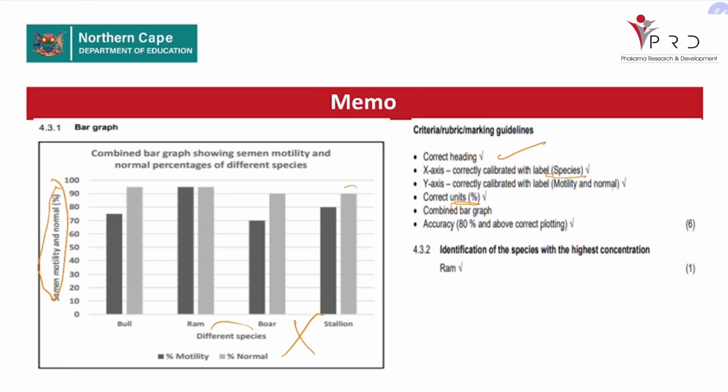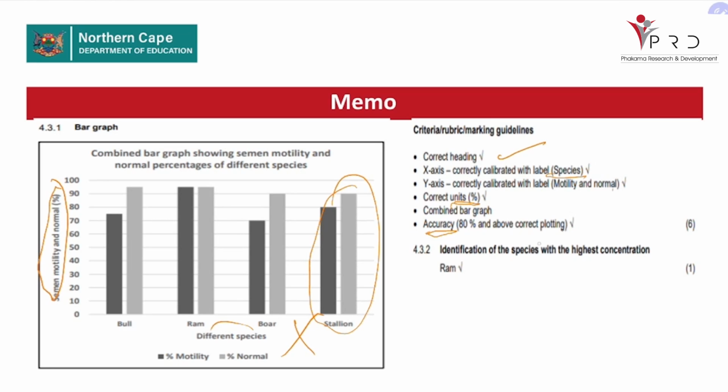It is a combined bar graph, for the stallion and the others, looking at motility and normal percentage. At the same time, you're expected to plot correctly. It states that at least 80% must be correct, so it's 80 and above. At least 3 must be correct, then you'll be able to get that 1 mark.